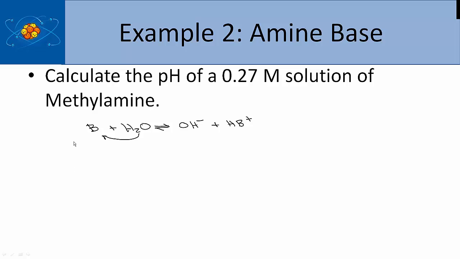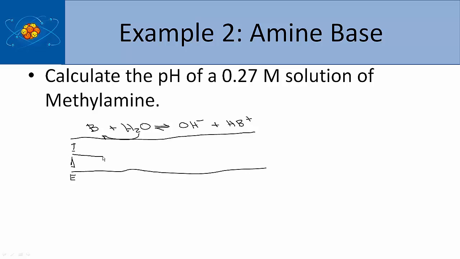We'll set up our ice table. We'll have initial, we'll have change, and we'll have equilibrium. Again, we'll ignore the water because it is a pure liquid. And we'll fill this ice table out as 0.27.